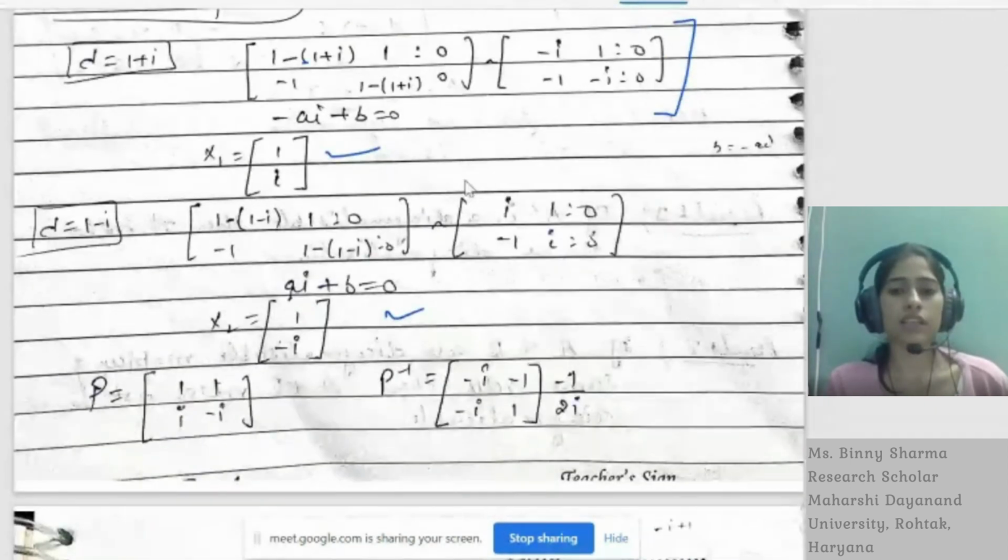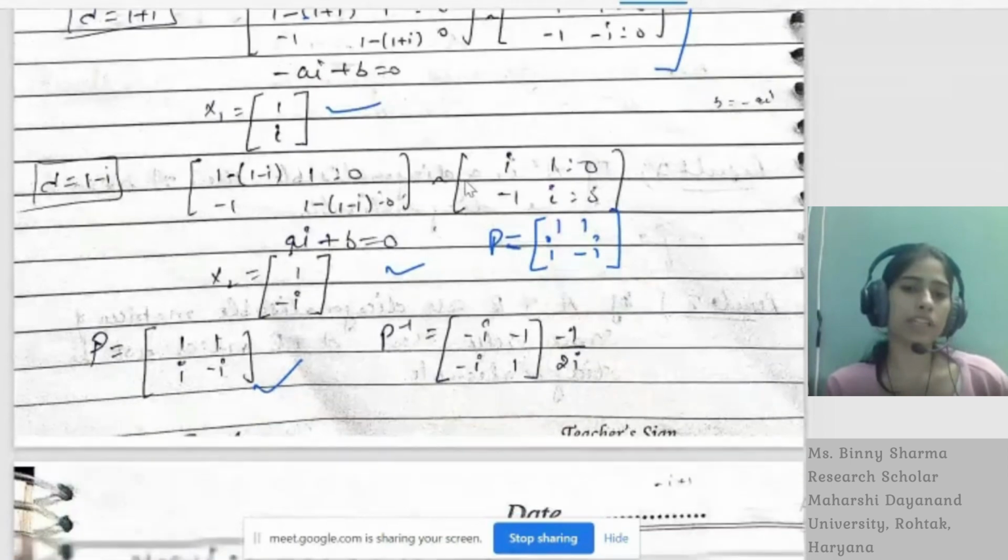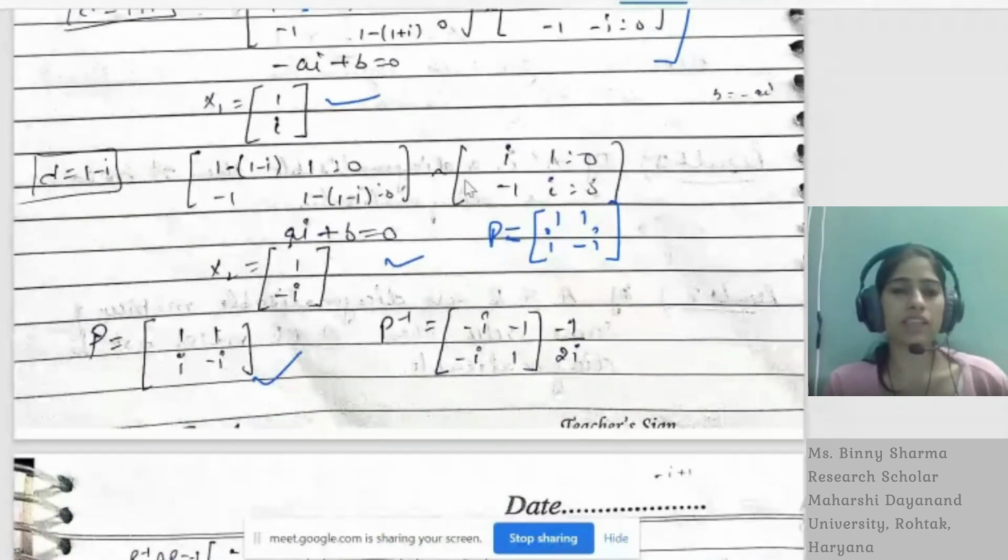We have discussed that P can be made by taking eigenvectors as columns. So here we made P by taking these eigenvectors as column vectors, and find P inverse.